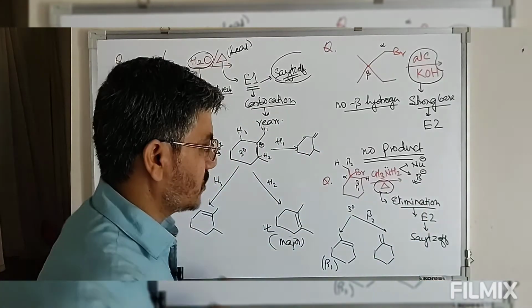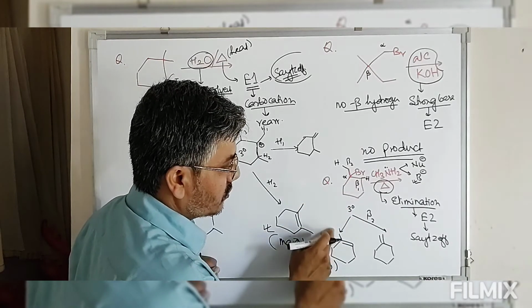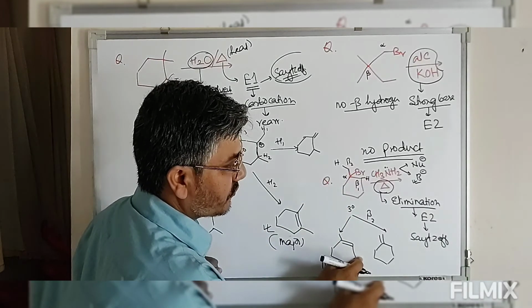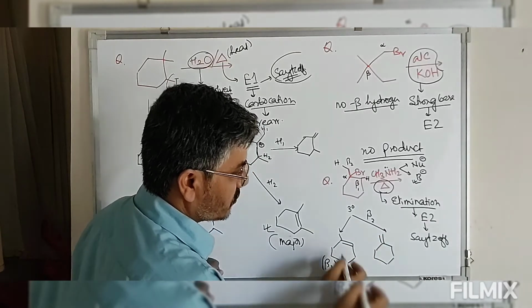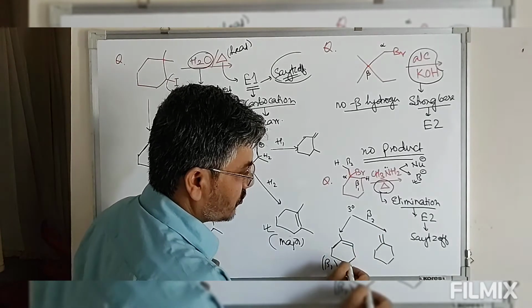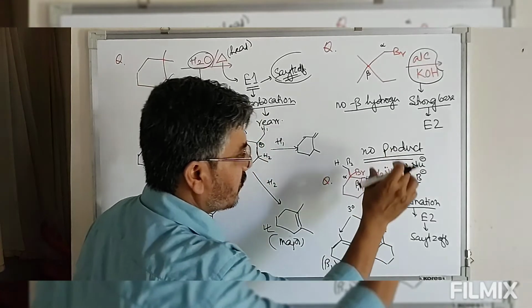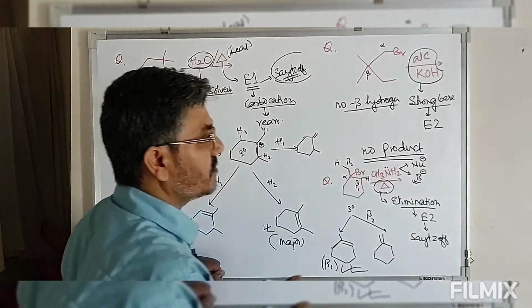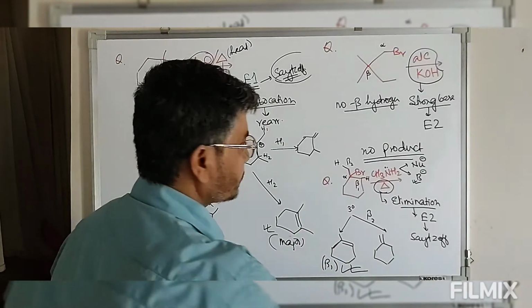Elimination by beta 1 gives 1, 2, 3 alkyl substitution. Here we have 1, this is hydrogen, 2 alkyl, 3 alkyl. So the 3-alkyl-substituted alkene is more stable, so this will form as the major product. For this reaction, this alkene will be the major product.